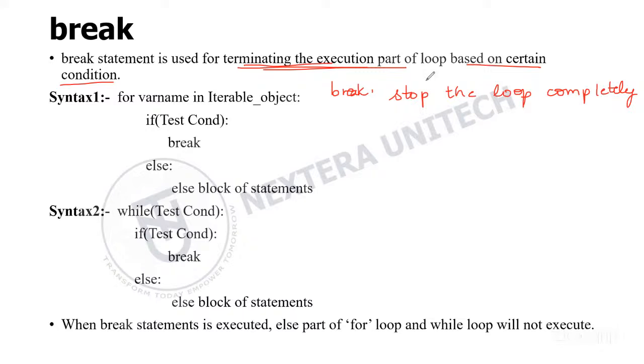So when break executes inside of a loop, the loop will stop completely and the else block will not be executed. Because as you know, in a for loop or while loop, the else block will be executed only if your loop has completed normally without any break.